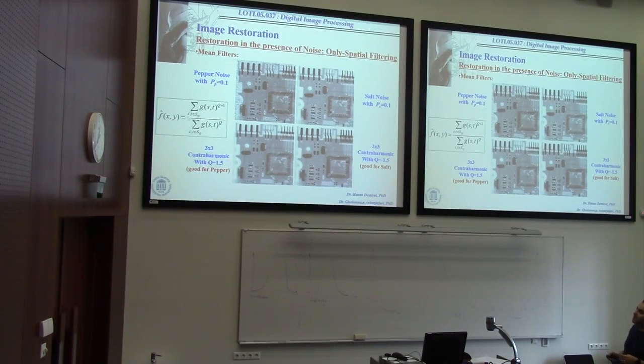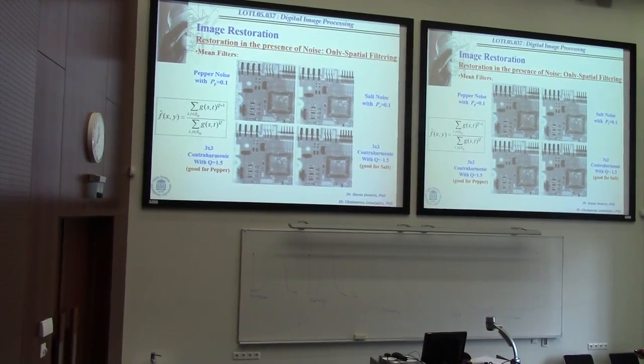After applying the counterharmonic filter on the pepper noisy image, we can see that the filter removed all pepper noise or dark points in the image.